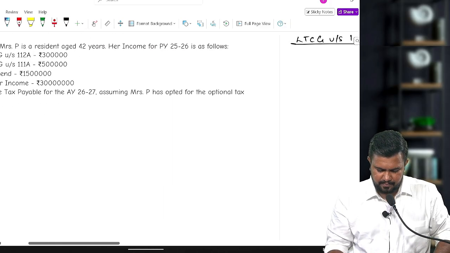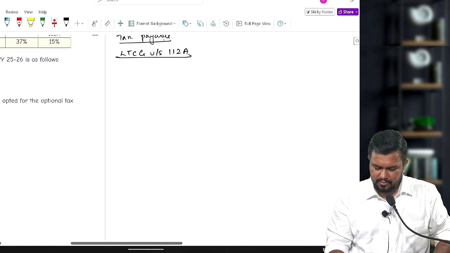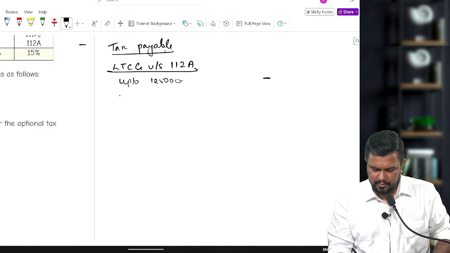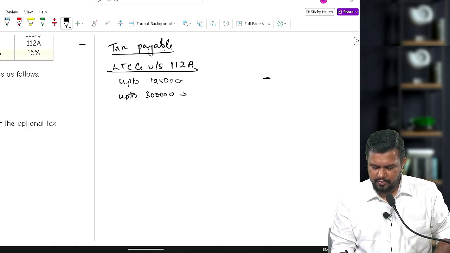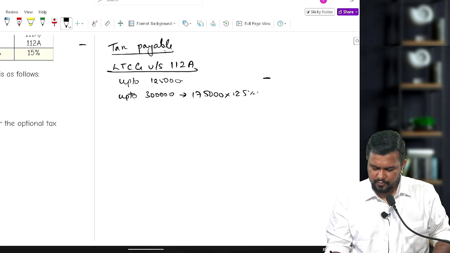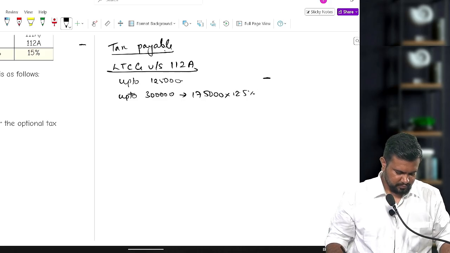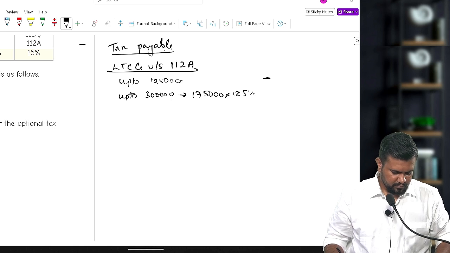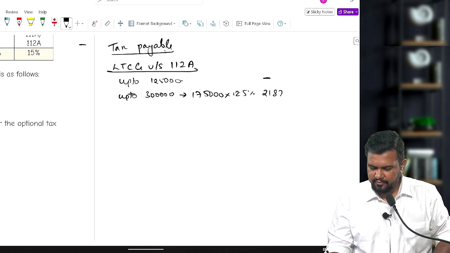What is the income? 3 lakhs. Up to 1,25,000 nil, and up to 3 lakhs, it will be 1,75,000 into 12.5 percentage, which is 21,875.